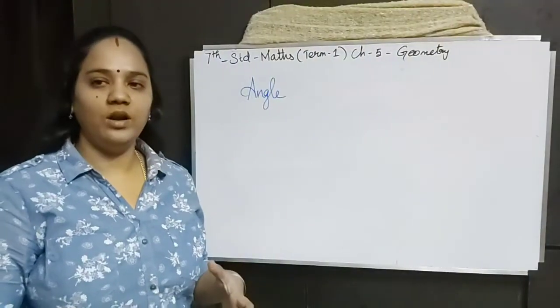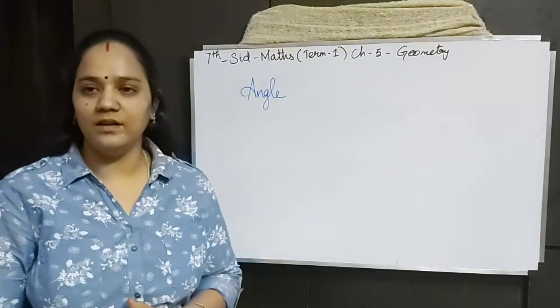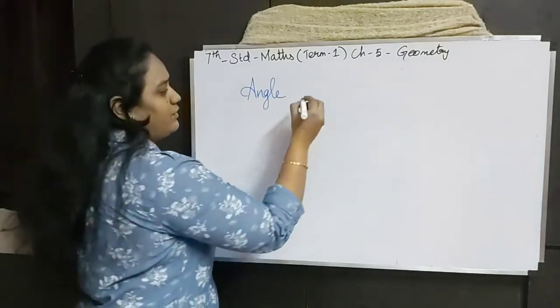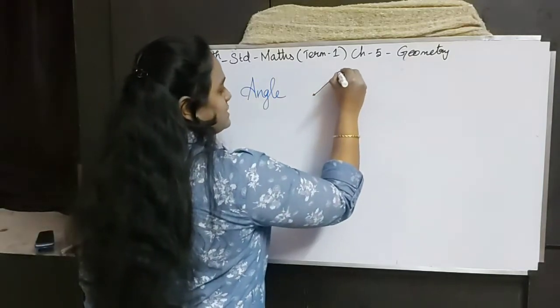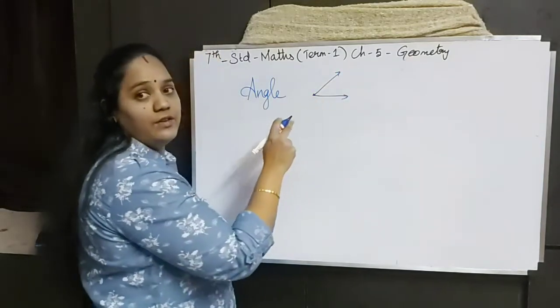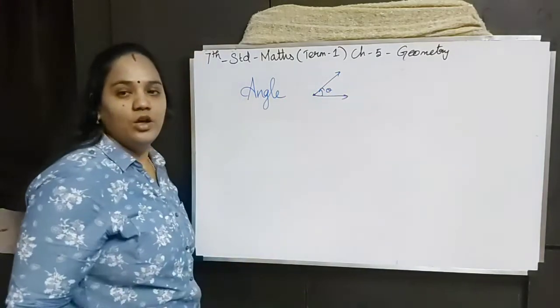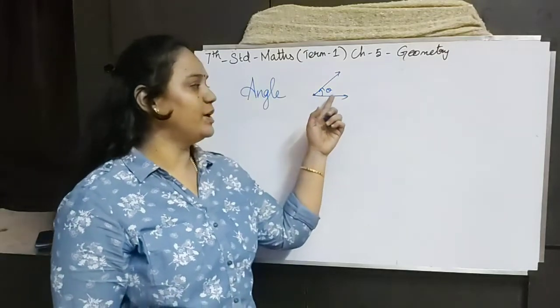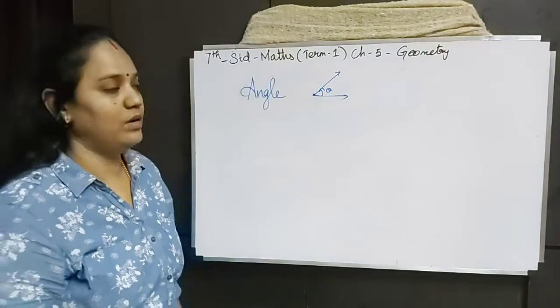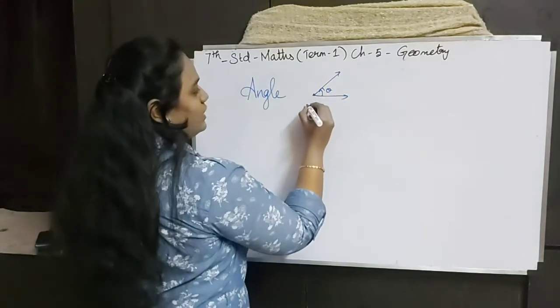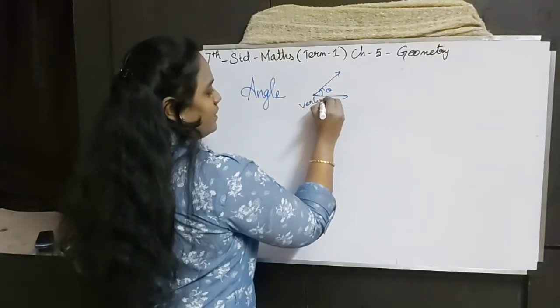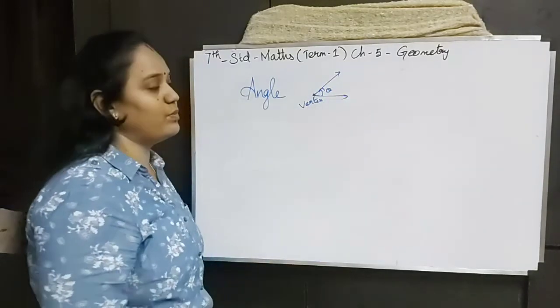Now let us recall angle. What is an angle? If two rays start from a common point, they make an angle. Usually we denote an angle using the symbol theta. This point is known as the vertex and these two rays are said to be arms.